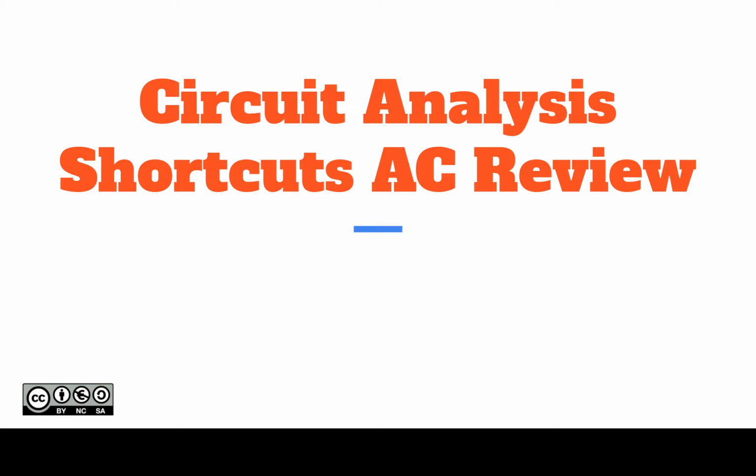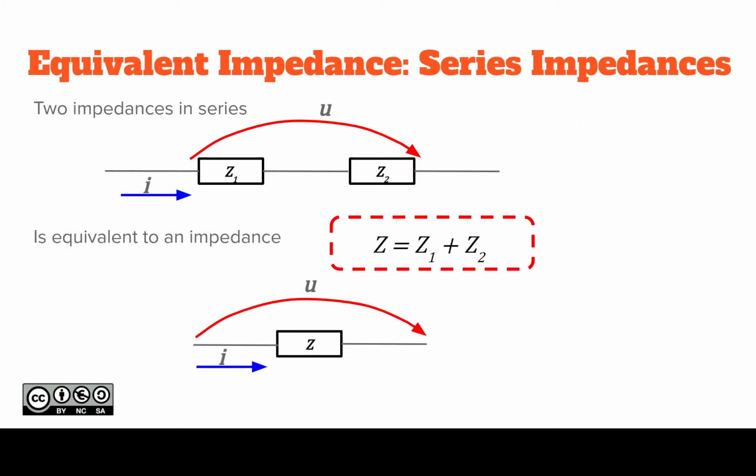And let's take an AC review of these circuit analysis shortcuts. So the equivalent impedance, meaning series impedances, we have two impedances Z1 and Z2. We still have the same mathematics, and we can replace that by an impedance with the sum of Z1 and Z2.